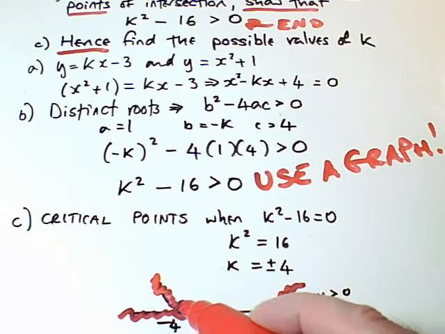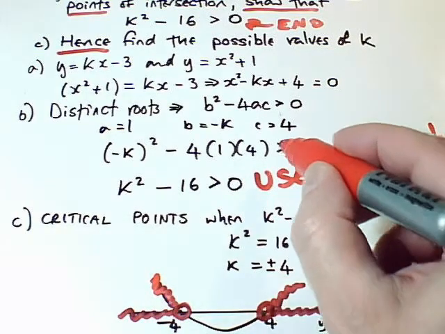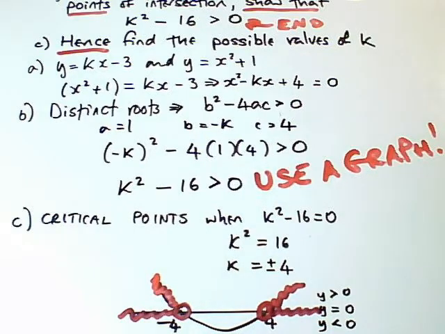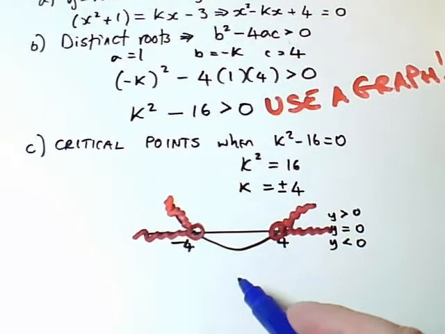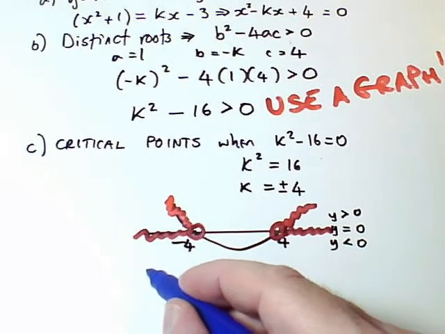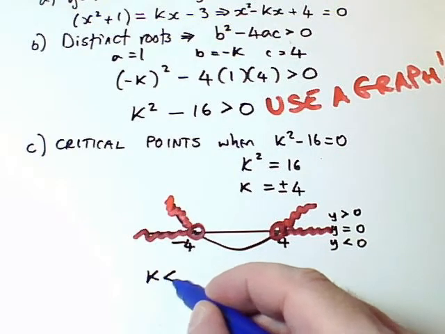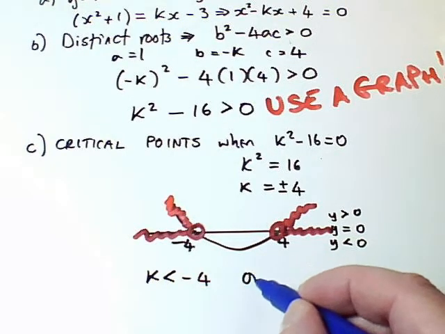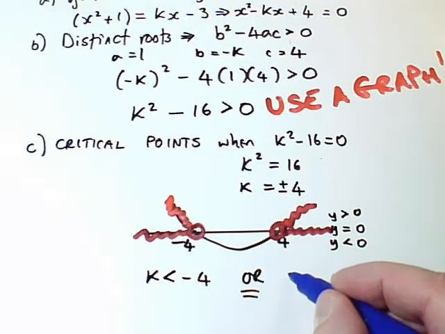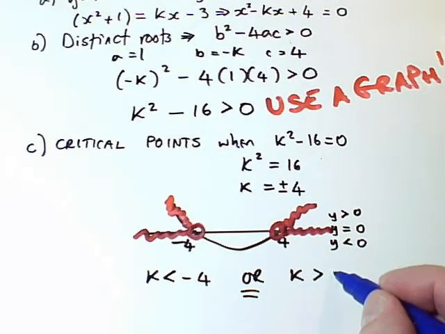I don't actually want to be on these because this is strictly greater than 0. So all I've got to do is decode this. I've got two different parts of the x-axis, so I'm going to record two different ranges. So k could be less than minus 4, or the other part of the solution is k is greater than 4. And I'm done.